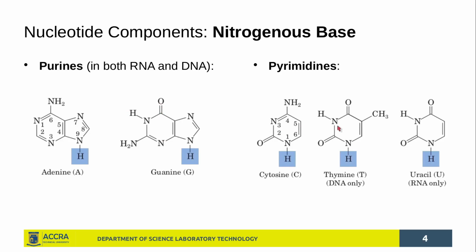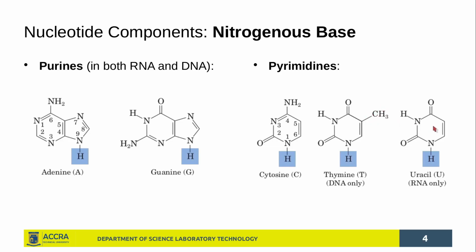When you come to the pyrimidines, you find that the differences between these two is that for cytosine, you find on carbon number 4 an amine group that you don't see in any of the other pyrimidines. Then you see that for thymine, there is a methyl group on carbon number 5, which also you do not find in any of the other pyrimidines.